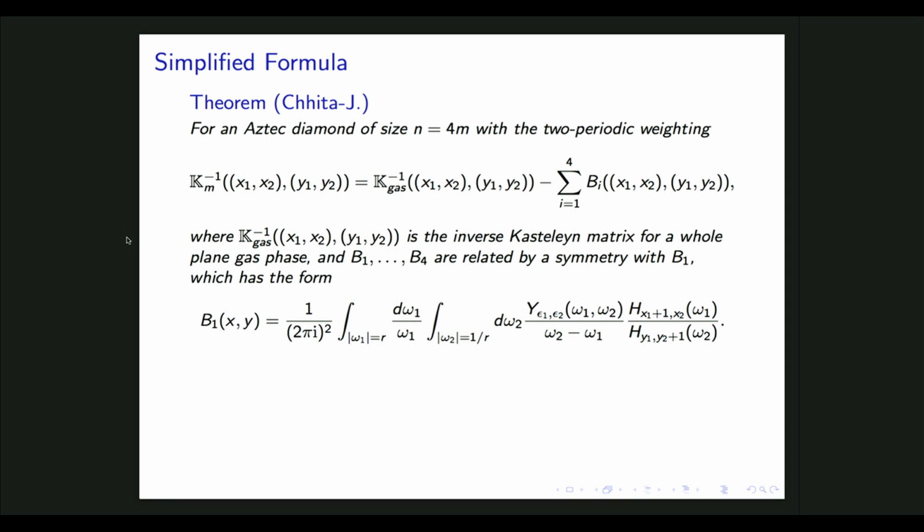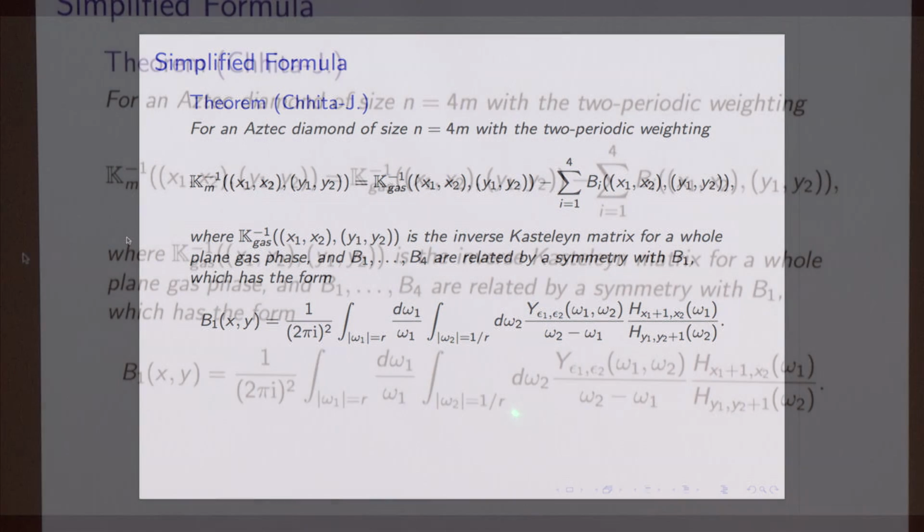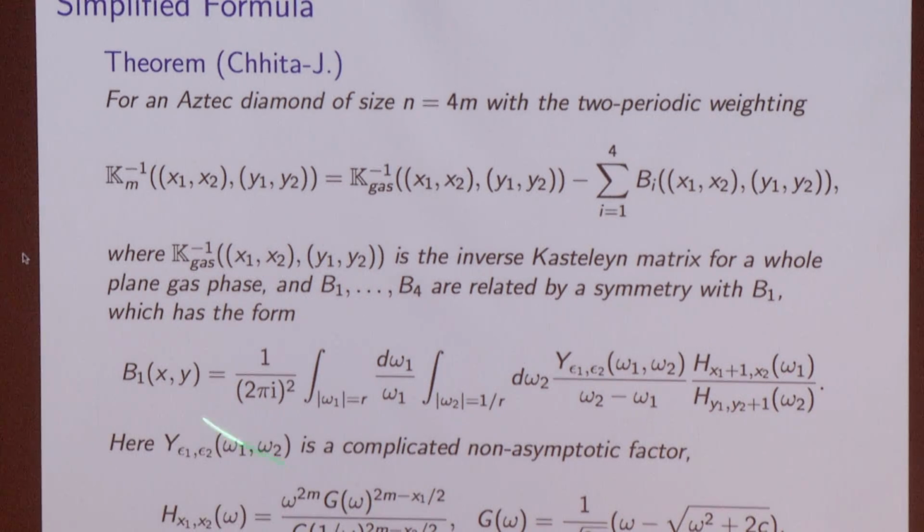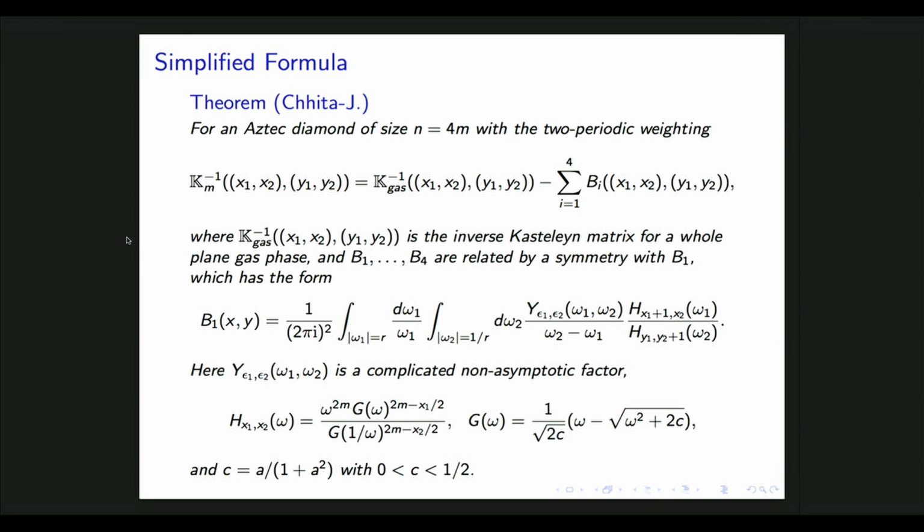And the details are not so important. This is some complicated expression. Epsilon 1 and epsilon 2 depend on the parities here of x and the coordinates here. But this doesn't depend on m, so it doesn't come into the asymptotics. These do come in the asymptotics. So they have some explicit formula like this here.